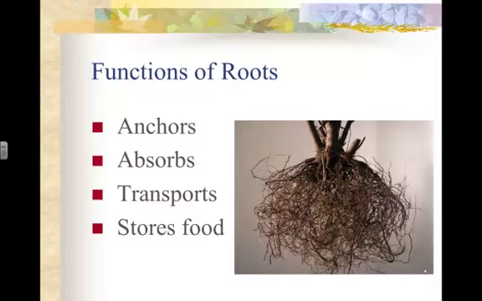So look at the functions, be able to list these. Anchoring, absorbing the water. And the water then has to be transported, and that's by the sap-conducting tissues that we studied in detail in our last lesson. And that is the xylem and the phloem. Now remember, which one is going to take the water with dissolved minerals?